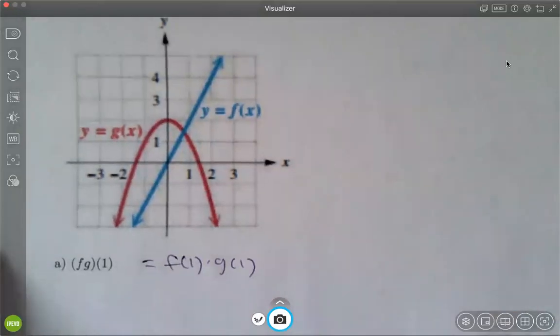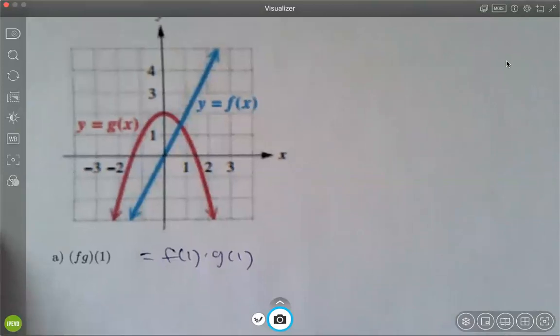Can you see it from the graph? So the blue graph is f of x and the red one is g. What is f of 1?